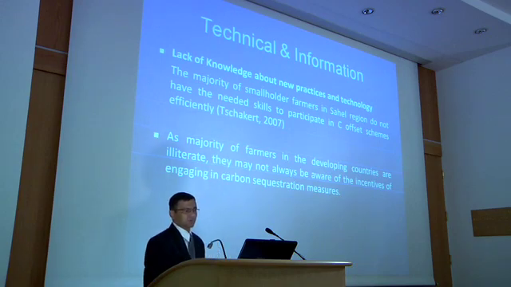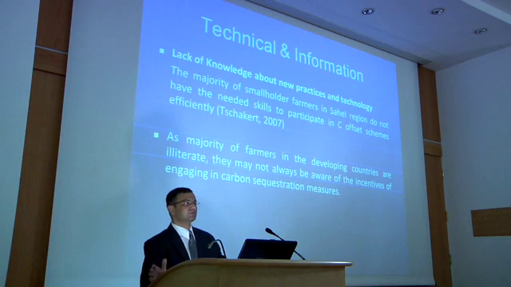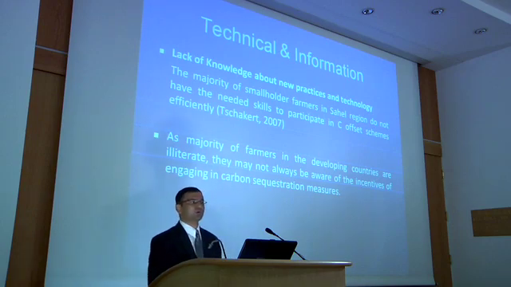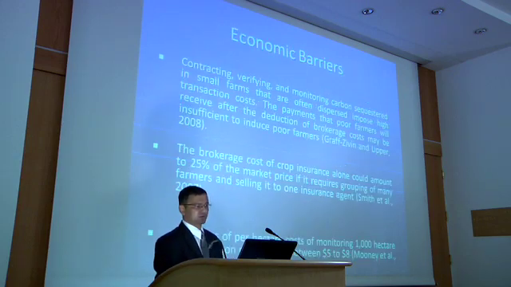The research done in the Sahel clearly shows that farmers did not have enough skills to engage in carbon offset schemes efficiently. And in many cases, farmers might not have the information as to where to go to get information about how to participate in carbon sequestration projects. So this technical and information barrier is an important one.